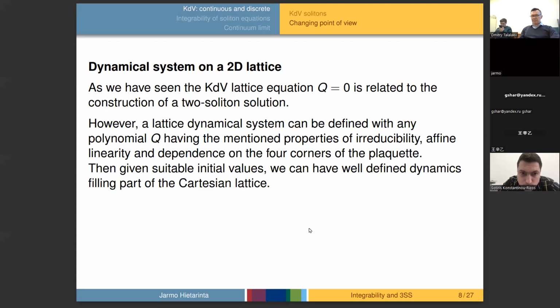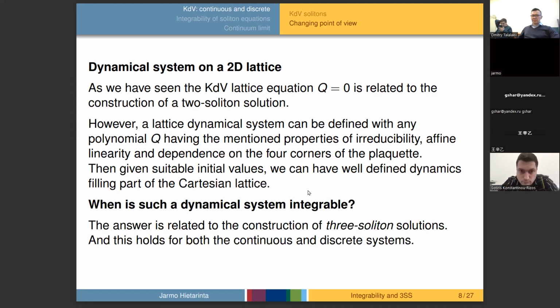But now that we have changed our point of view to the lattice, we can define dynamics with any polynomial Q which has these properties: irreducible, affine linearity, depends on four corners. And if we give suitable initial values, we can have good dynamics there. So this is a generalization from the KdV case.